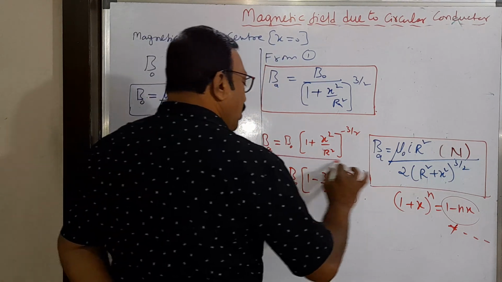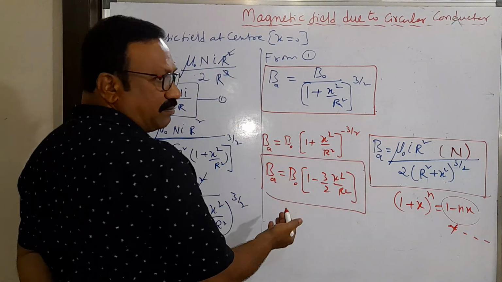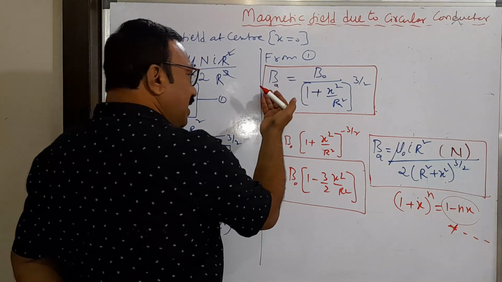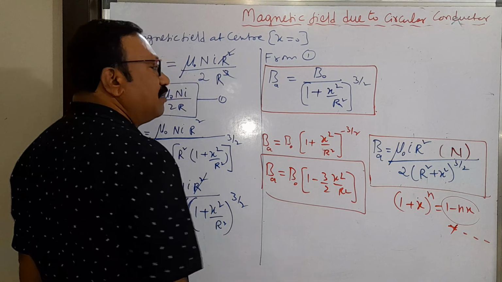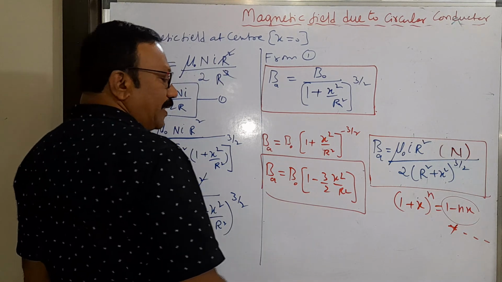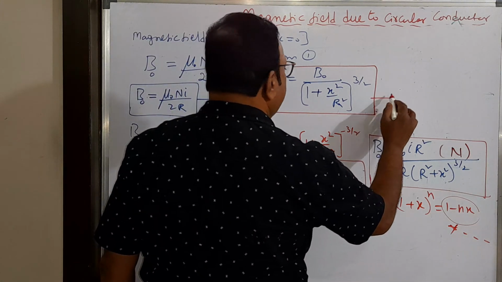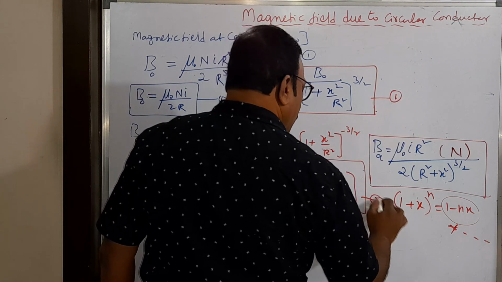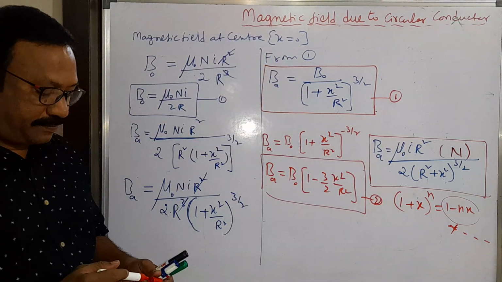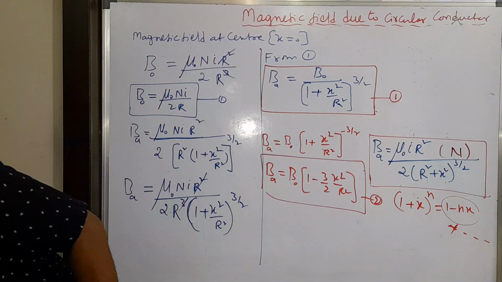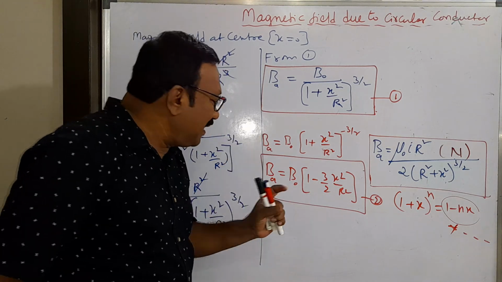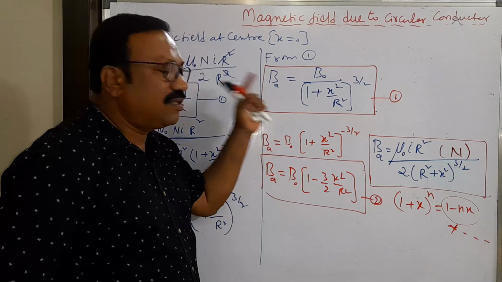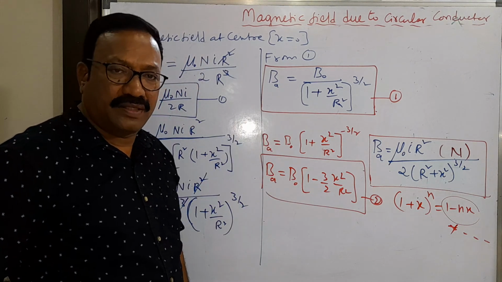So this is also an expression relating B axial and B₀. These are the two relations. This is very important. So when you have a problem relating B₀ and B axial, use this or this relation. Understand?